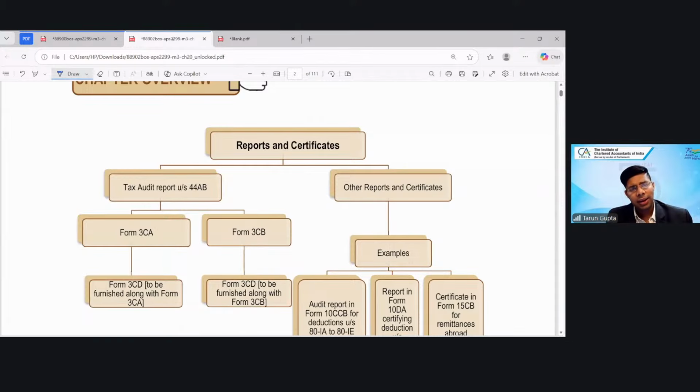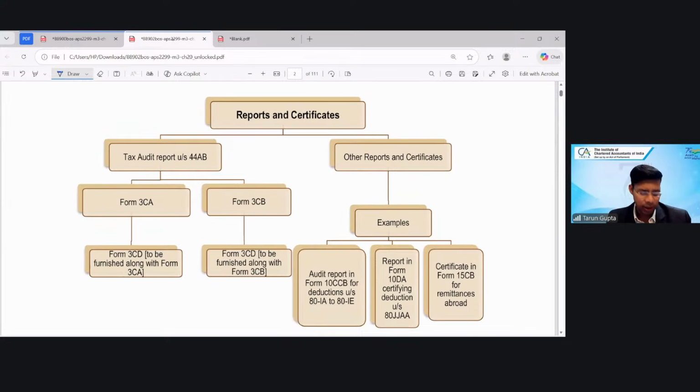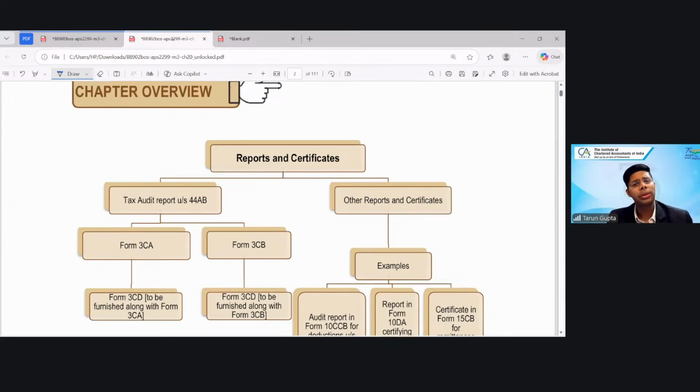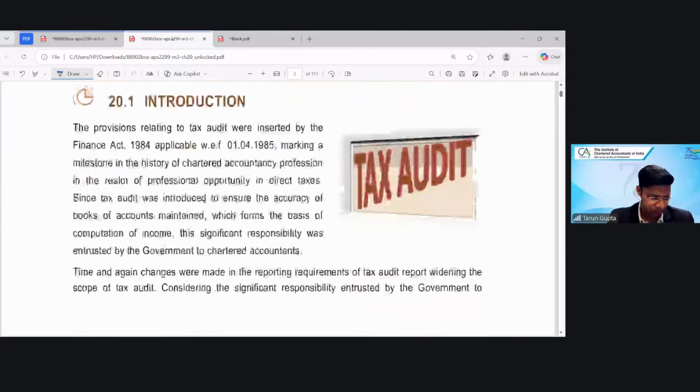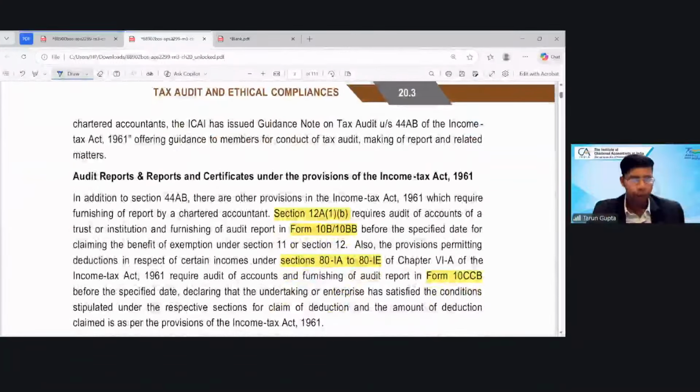This ethical manner is more discussed in the audit chapter, but a very small part is discussed in income tax as well, because here also I do certification. I certify the tax audit, and I also issue a lot of certificates under the income tax. So let's see what certificates other than tax audit I give.